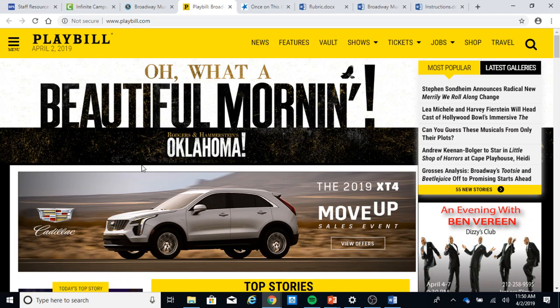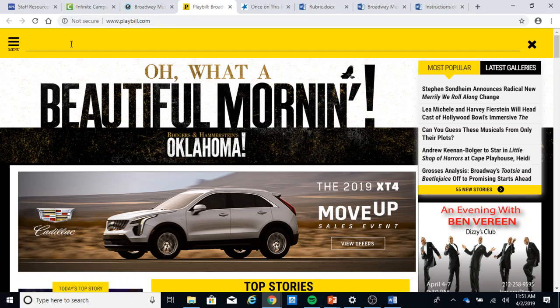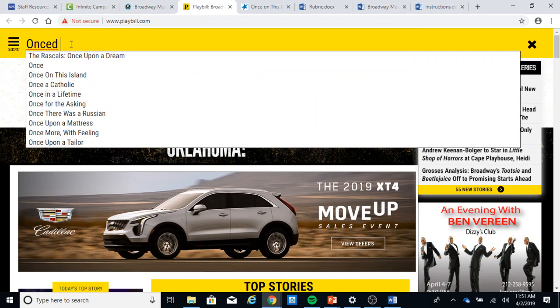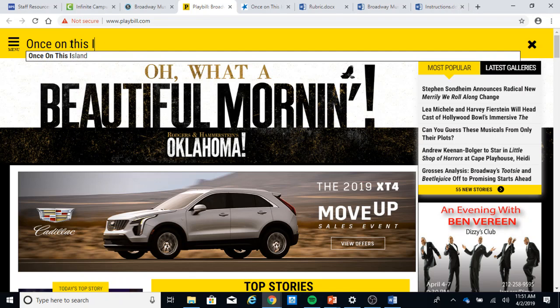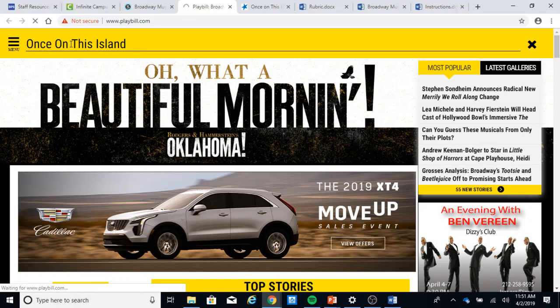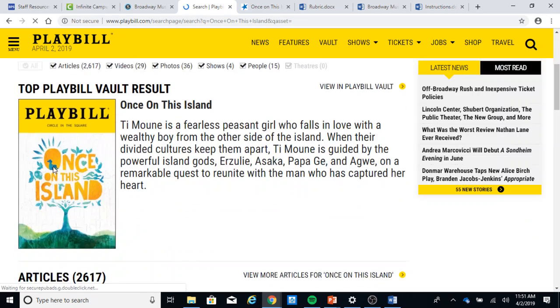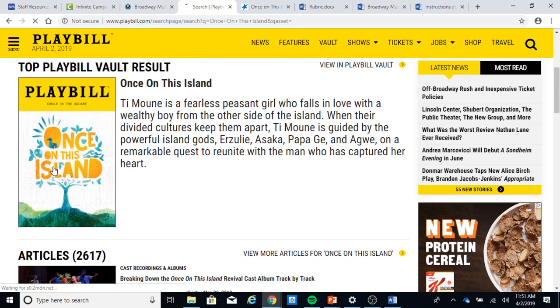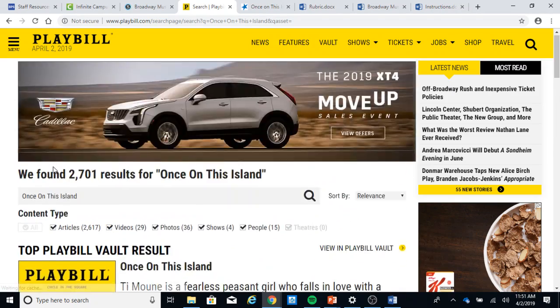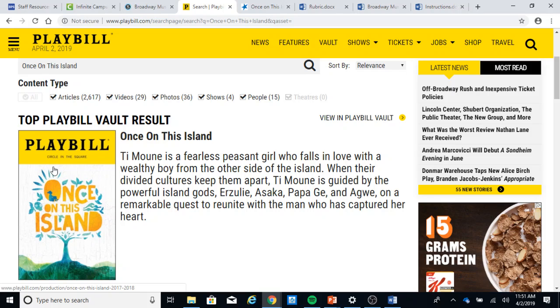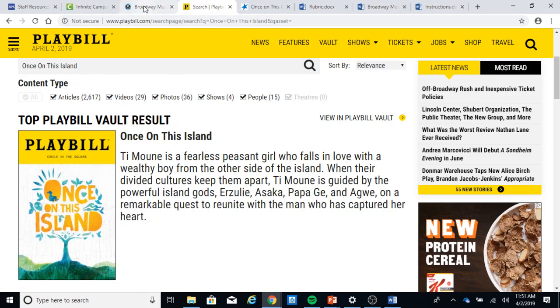All right. So you click the magnifying glass, guys, look at it. You click it, it opens up a search bar. You put something in, oh, I want to know about Once on This Island. All right. And it will come up with information on Once on This Island. Okay. So this can help you with parts of this project.